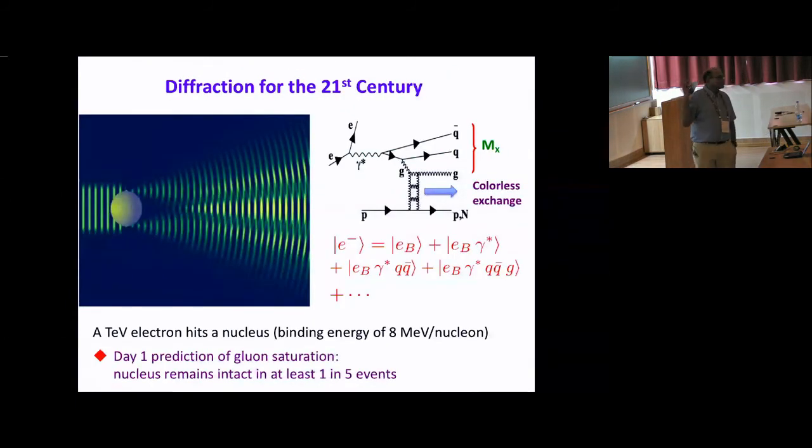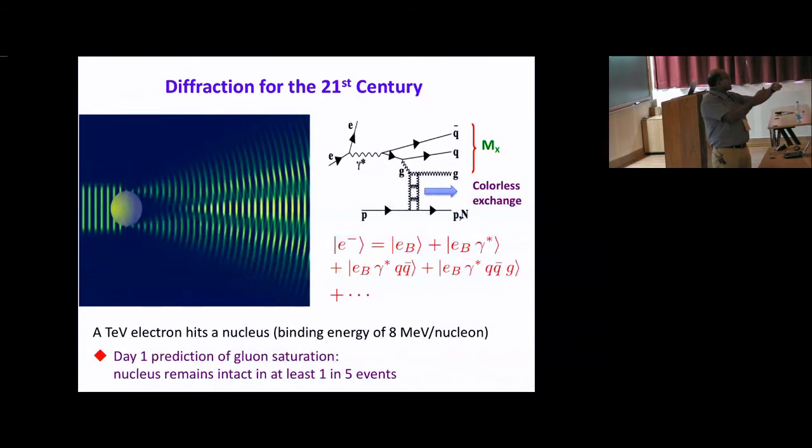This is my favorite subject, which is diffraction. Okay, so at HERA, 20% of the cross-section is due to diffraction. You can go to a perturbative QCD talk and not hear a word about this. Okay, it's 20% of the cross-section at HERA. And it's a magical thing, okay? So what it's telling you is that at HERA, if you think in the rest frame of the proton, the energy of the electron that's hitting the proton is 50 TeV, 50 tera-electron volts.